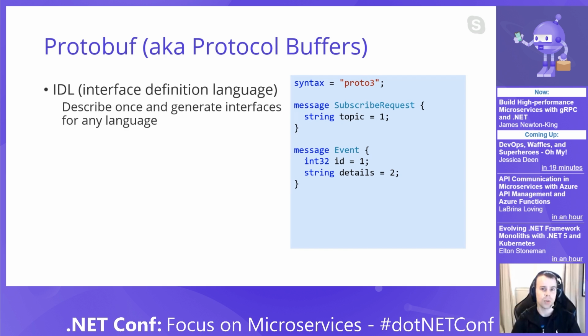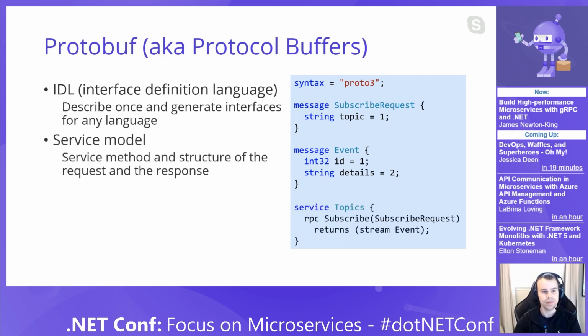These are typically stored in a proto file. So here we have a subscribe request, which has a topic property of type string. Then we have an event with ID and details. This is a language-independent way of declaring messages. In protobuf, you can give this to different languages and they're all able to use it.